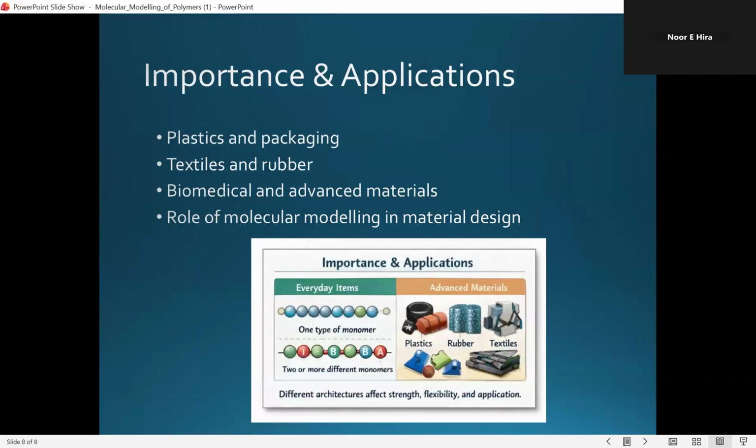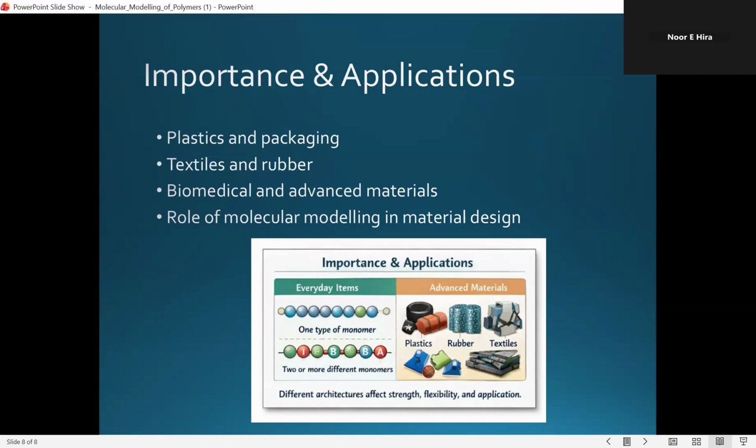And now I'm concluding with the importance and applications of polymers. It is not as important as the previous slides, but you should know that polymers play a crucial role in everyday life and advanced technologies. They are used in plastic packaging, textiles, rubber products, biomedical devices, membranes, and composites.